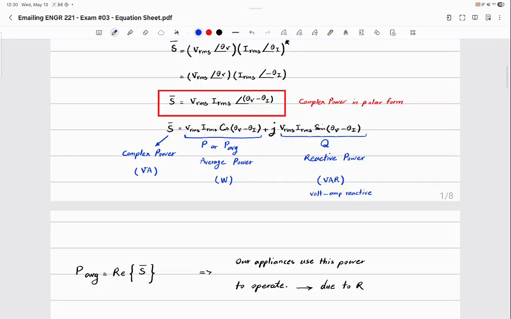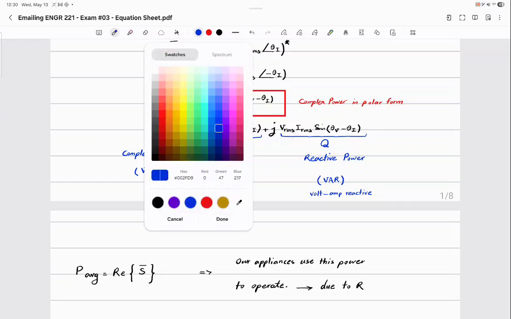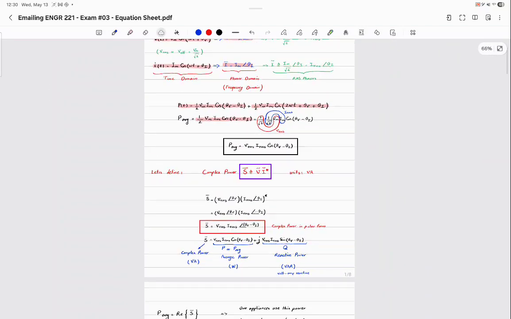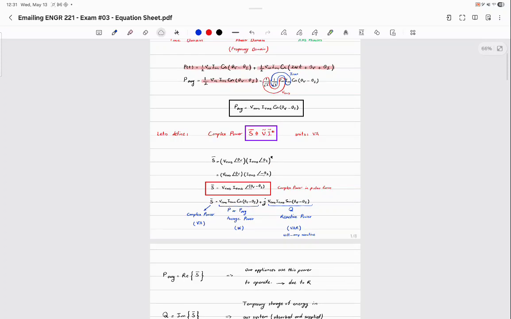Okay, based on what I've written here, do you agree with this? Let me see if I can make some room.